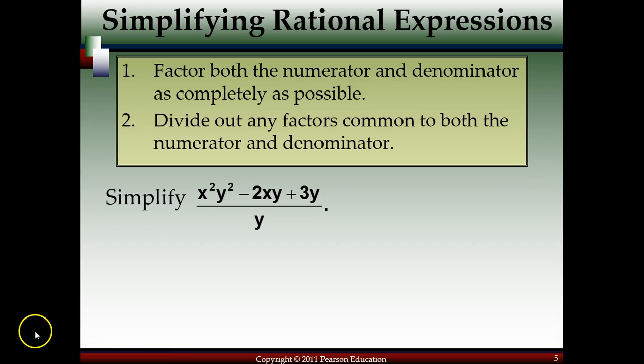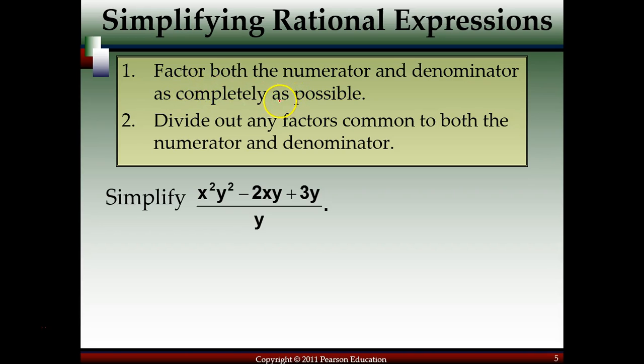So here are the steps that we just followed in the last example. This is how to simplify a rational expression. Factor both the numerator and the denominator as completely as possible.